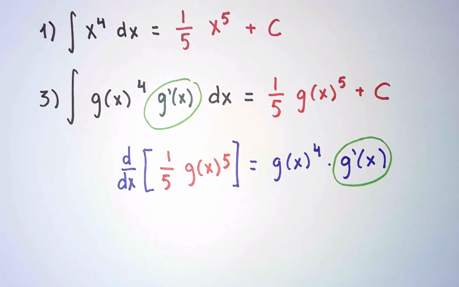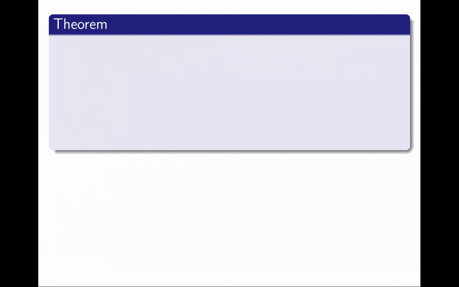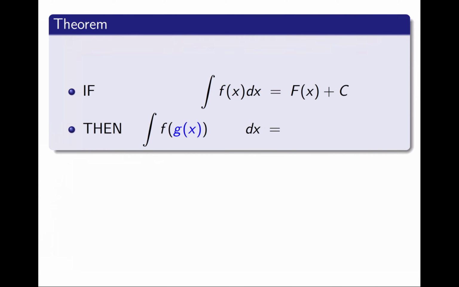Let's generalize it even more in the form of a nice theorem. If I know that an antiderivative of little f is big F, then what is an antiderivative of little f composed with g? I don't know. But an antiderivative of little f composed with g times g prime is big F composed with g.